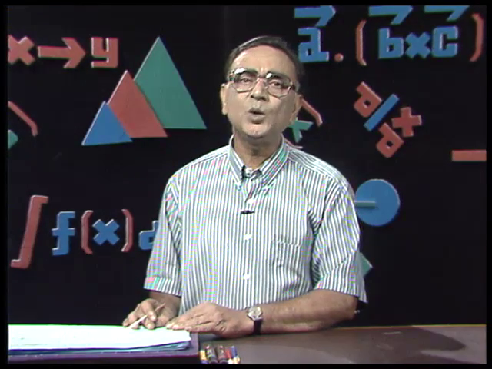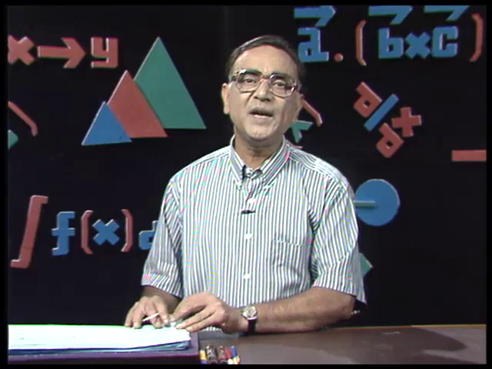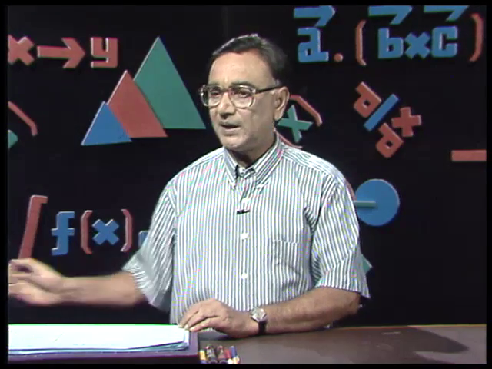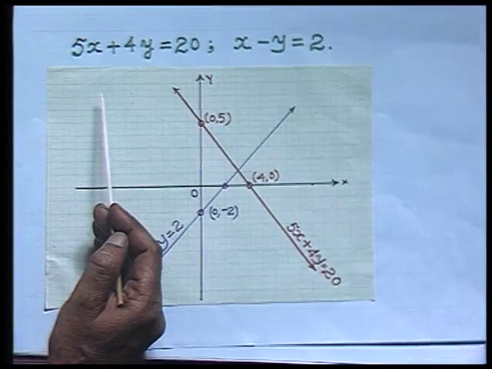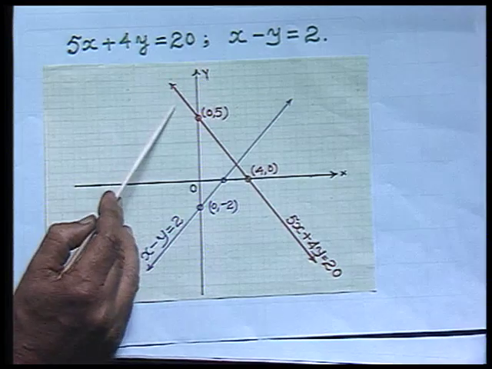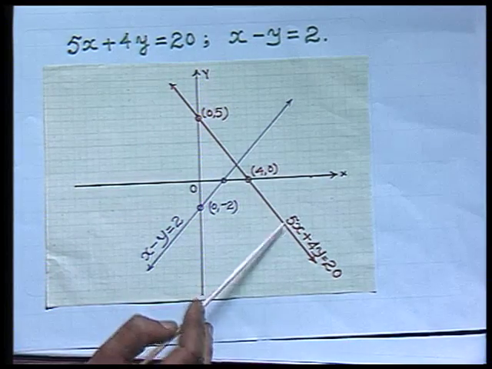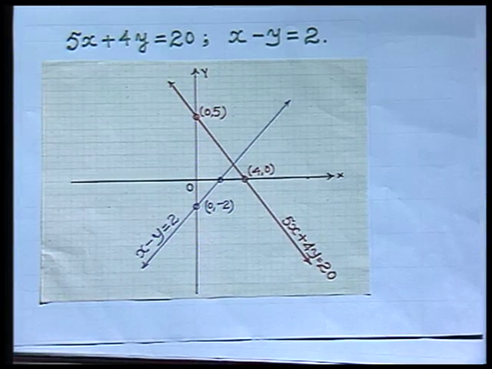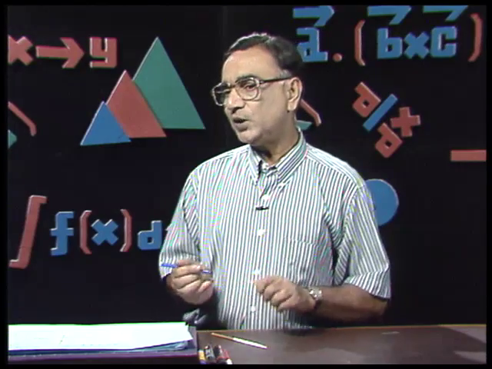Now let's have a look at another problem which we face in plotting the system. Here the system has been plotted as 5x plus 4y equals 20. This is the line for that, and the other is x minus y equals 2, and this is the line for that. Can you recall how we get the solution for this?